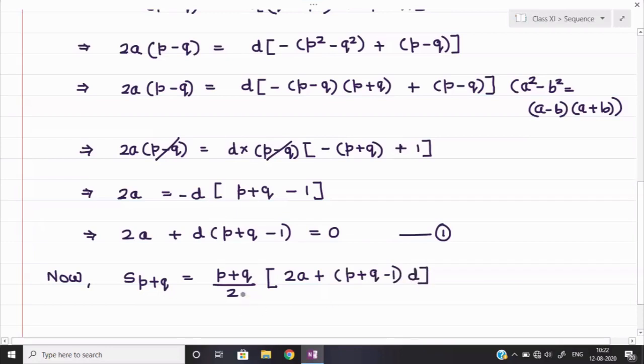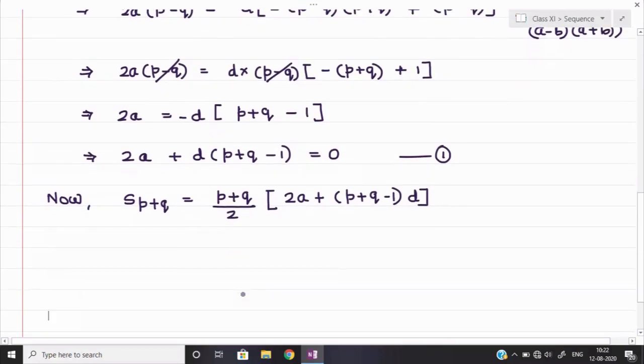Now you observe, the value p plus q upon 2 will be as it is. But observe the square bracket: what is the value written in equation number 1? In equation number 1, 2a plus (p plus q minus 1) into d, this whole value is 0.